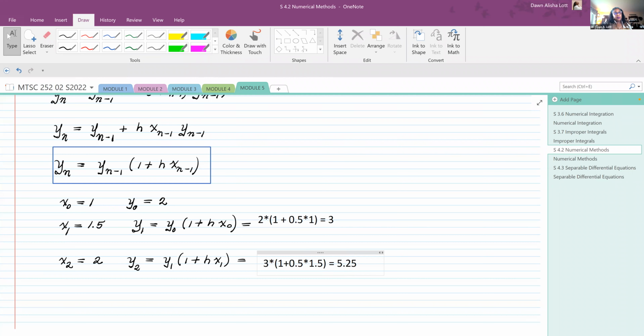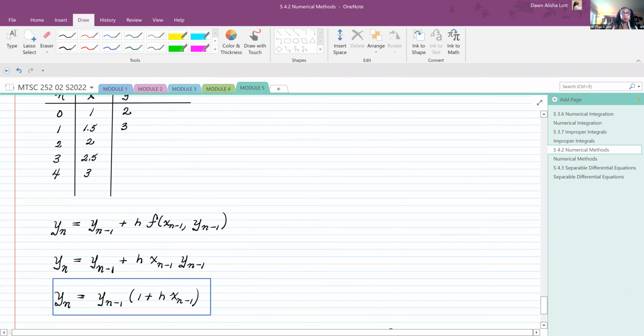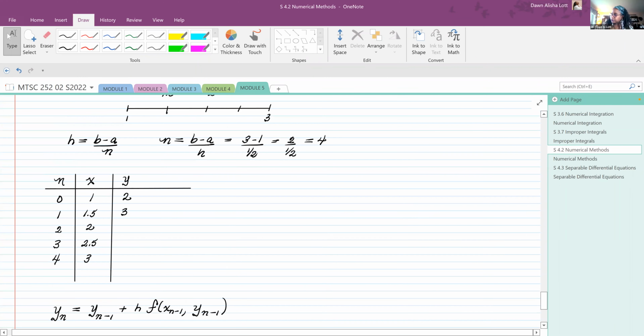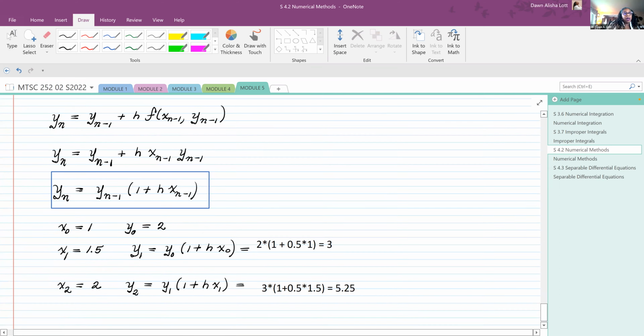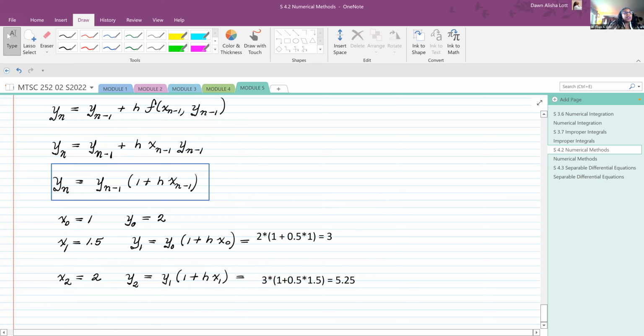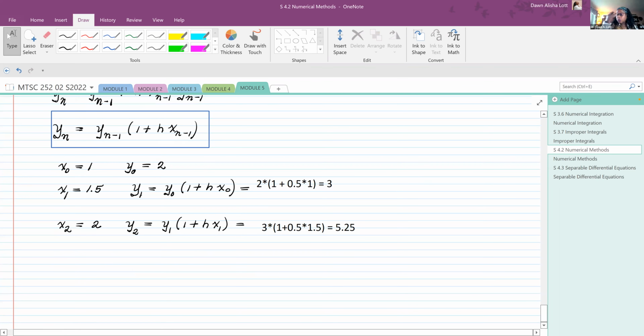That gives 5.25. So now we know y2 is 5.25. And then you continue to find y3 and y4. And when you get to y4, that will be your approximation for y at 3.